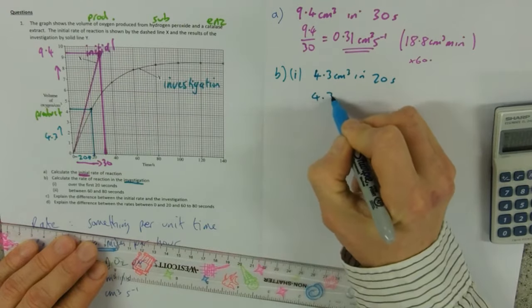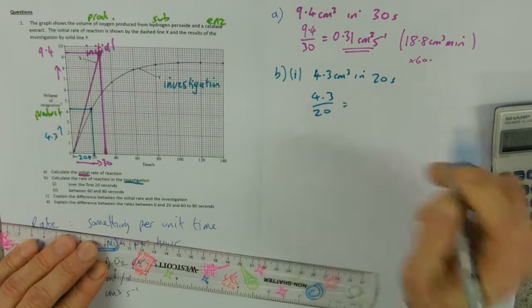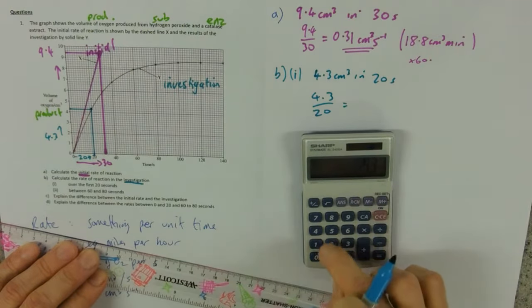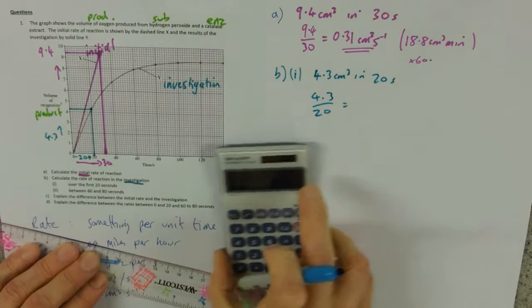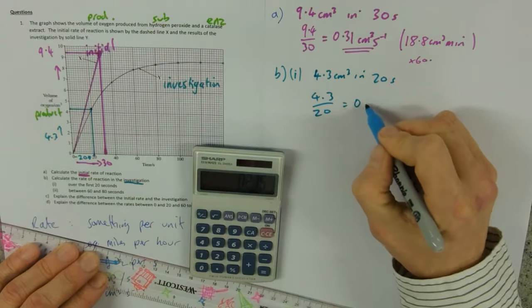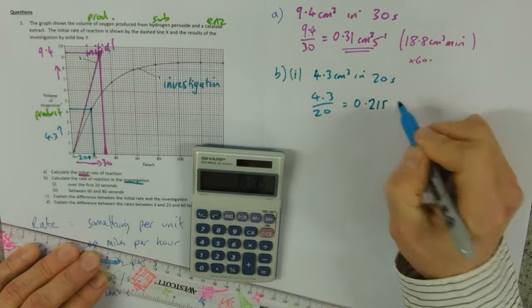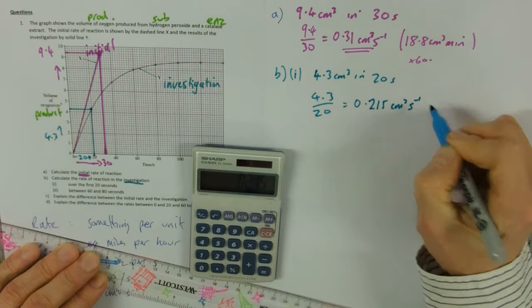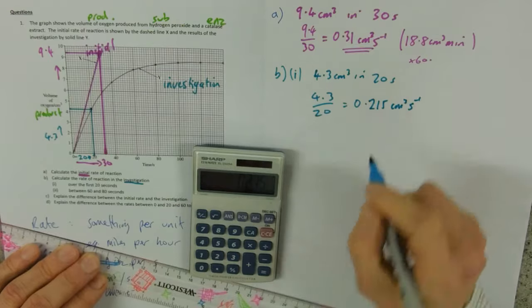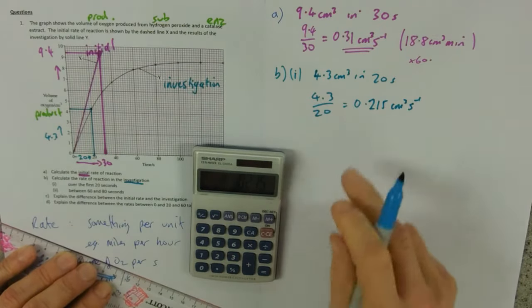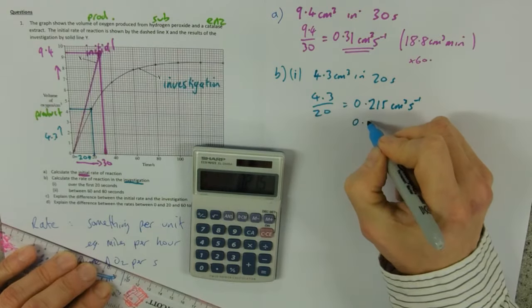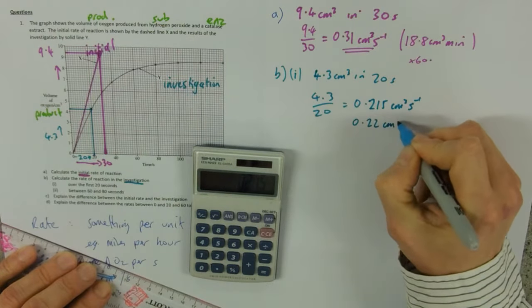So 4.3 divided by 20 is 0.215 centimeters cubed per second, or 0.22 if you were rounding off to a sensible number.